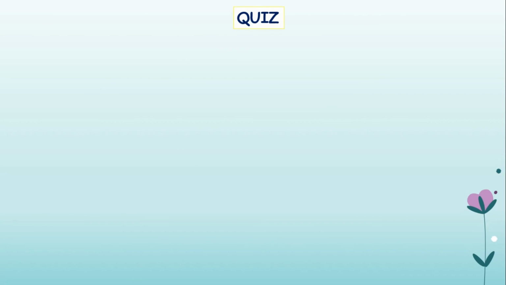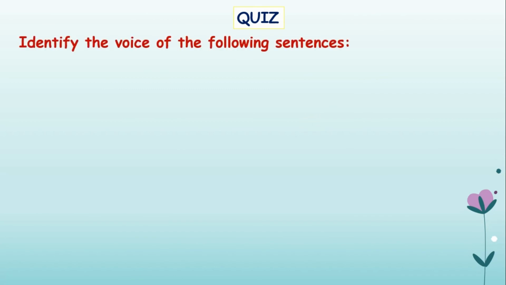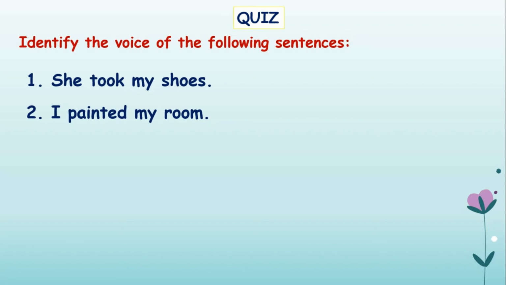Now we have come to our final part, that is the quiz. Identify the voice of the following sentences. Very simple quiz. She took my shoes. Divide the sentence into subject, verb and the object of the verb. I painted my room.